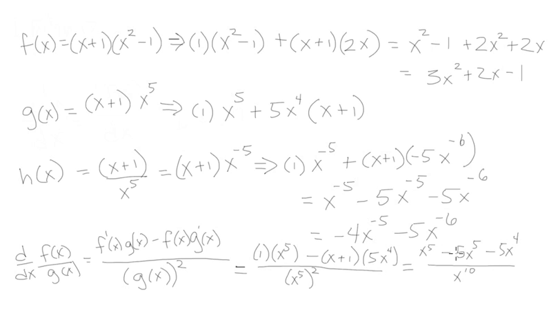Now, remember that when you're dividing, you're going to subtract the exponents. So in the end, my expression ends up being: this first term is negative 4x to the 5th divided by x to the 10th, which becomes negative 4x to the negative 5th.